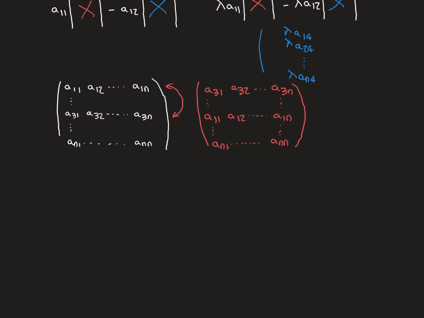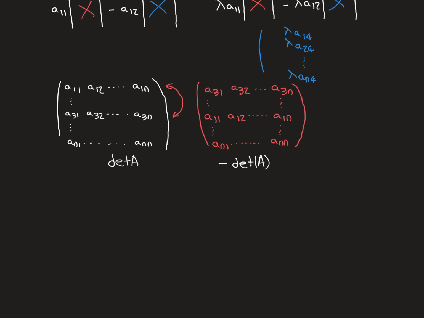So this is our new matrix, and the question is, what is the determinant of this new matrix? And my claim is that if this has determinant det A, then this one has determinant negative det A. So switching two rows, or indeed switching two columns, the proof is going to work the same way, changes the sign of the determinant from positive to negative.